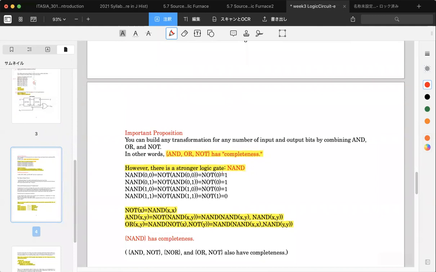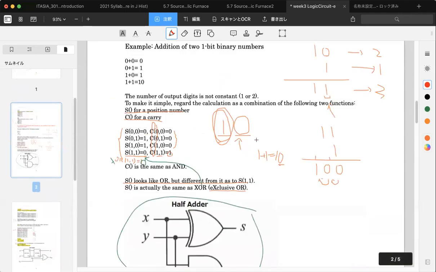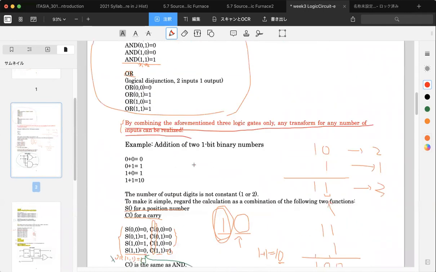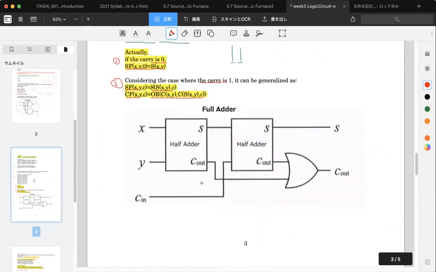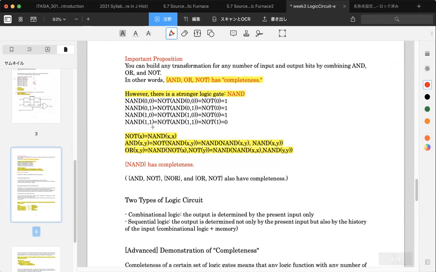And so this whole document is so messy. What he means here is that AND, OR, NOT has completeness, like I just said, and like it also says here: by combining the three logic gates, any transform for any number of inputs can be realized. These are just examples showing that you can actually do that.